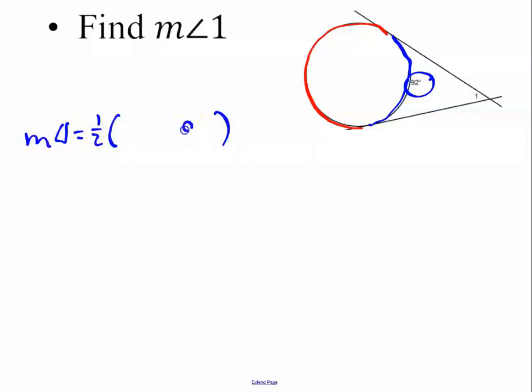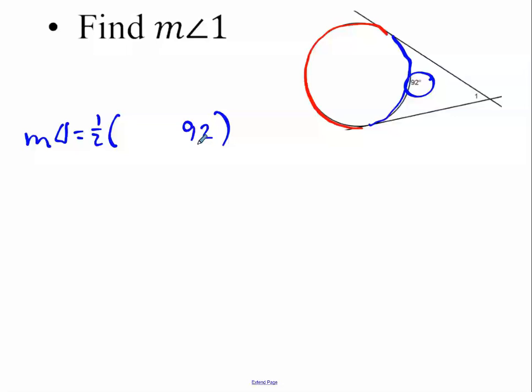Now, the trick here is we know the little arc is 92, but they don't give us the big arc. Okay, so think if you can to try and come up with a way that you could find that big arc.